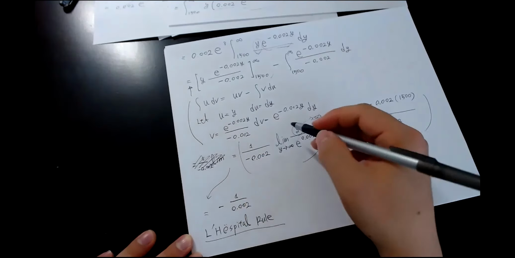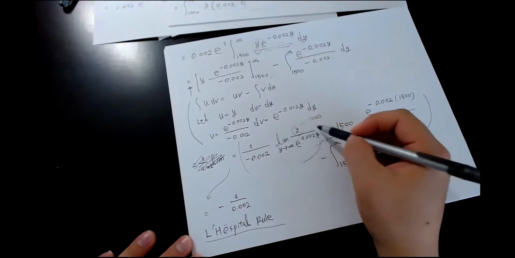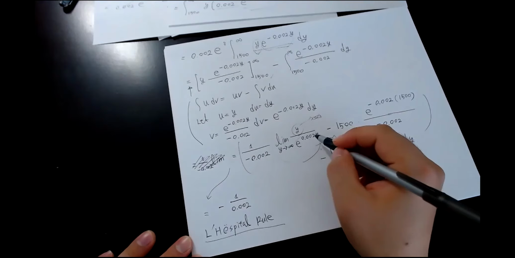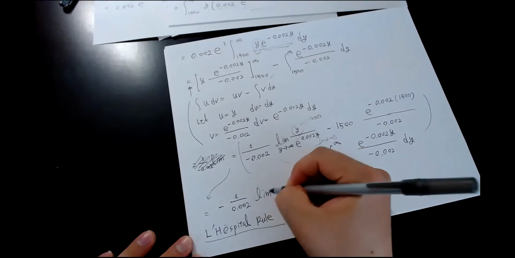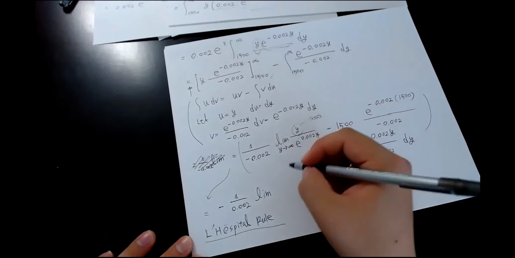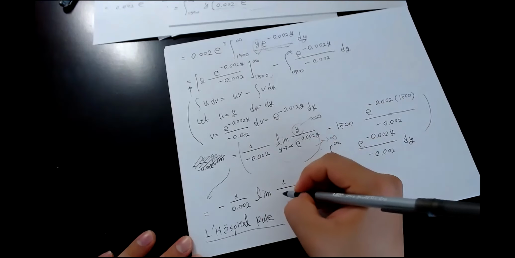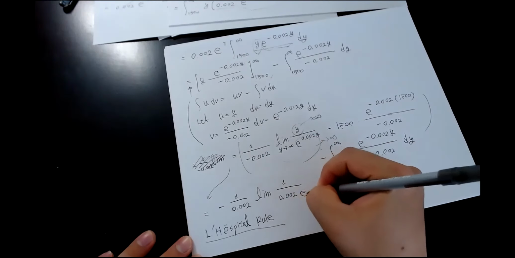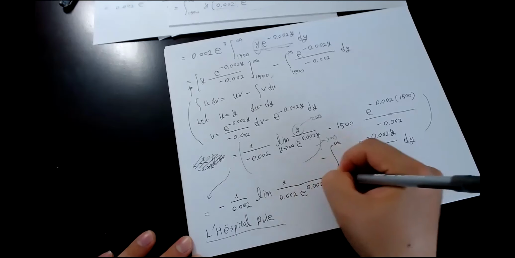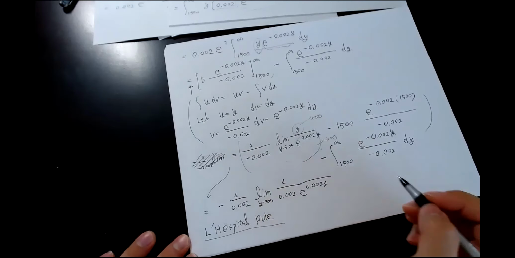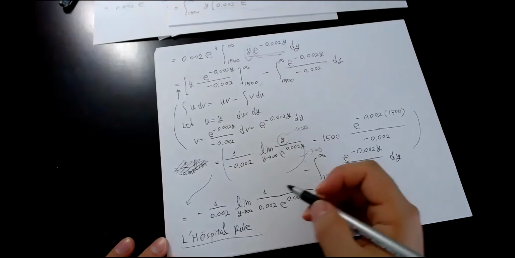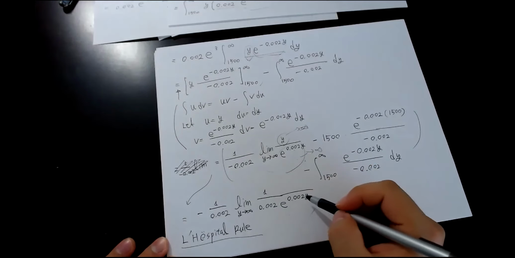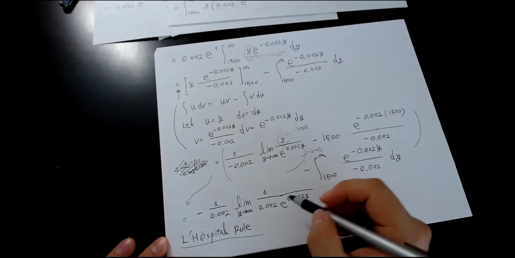L'Hopital's rule says that if the limit of a rational function has numerator and denominator both approaching infinity, then that limit is equal to the limit of the derivative of the numerator over the derivative of the denominator. So it's going to be 1 over the derivative of the numerator, which is 0.002 times e to the 0.002y, as y approaches infinity. The exponential approaches infinity, so we get 1 over an exponential term approaching infinity. That's going to be 0. So this is 0.